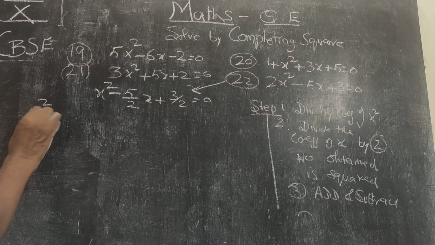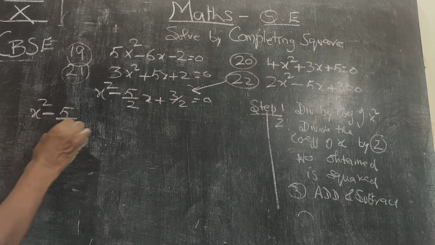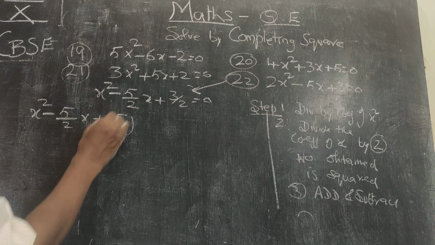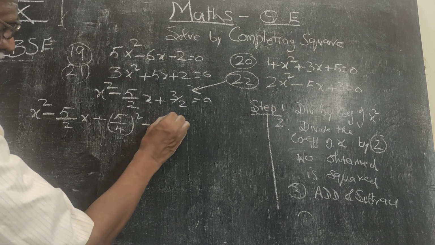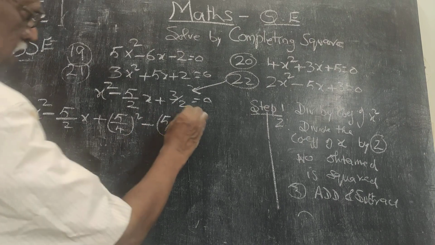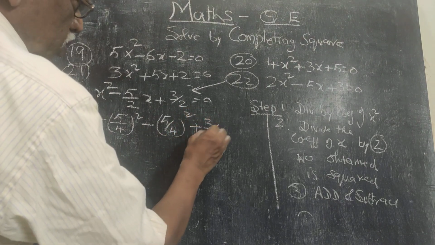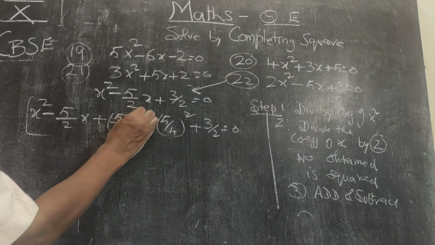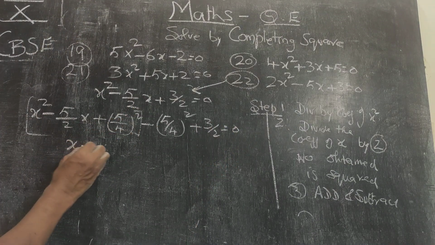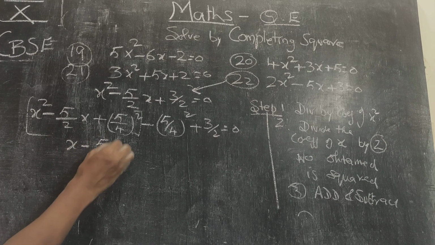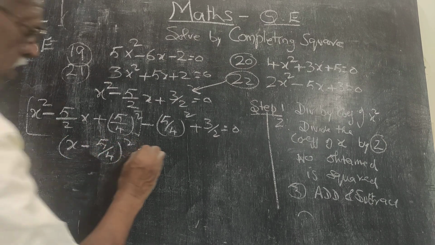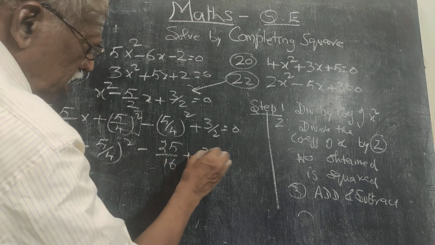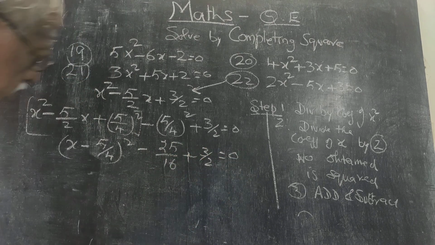This is x square minus 5 by 2x plus 5 by 4 the whole square minus 5 by 4 the whole square plus 3 by 2 equal to 0. After this it is x minus 5 by 4 the whole square minus 25 by 16 and 3 by 2 equal to 0.